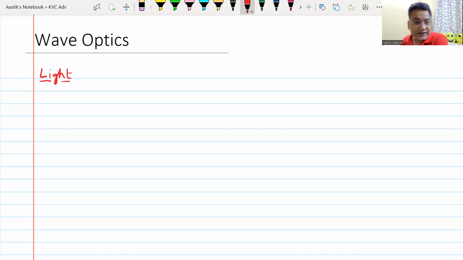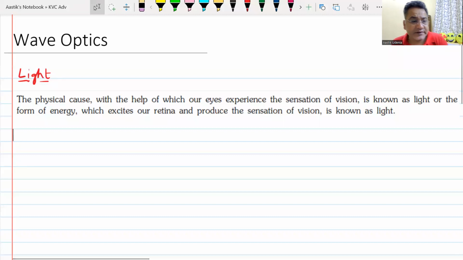We first start with the definition of light. What do you mean by light? What is light? So, light is the physical cause with the help of which our eyes experience the sensation of vision.